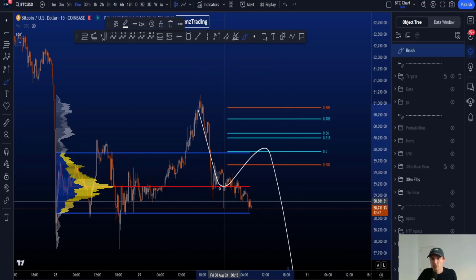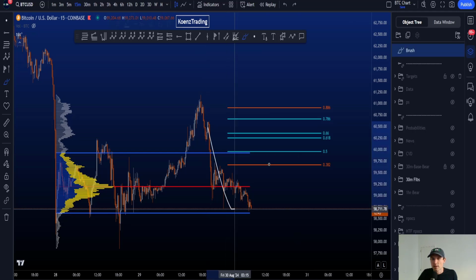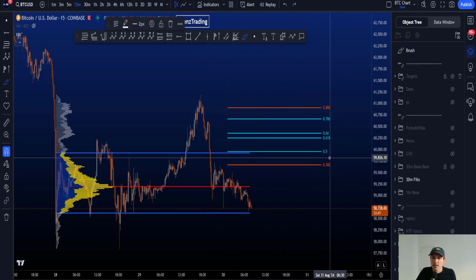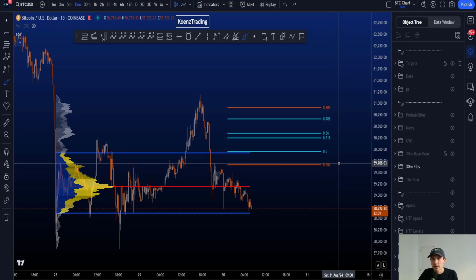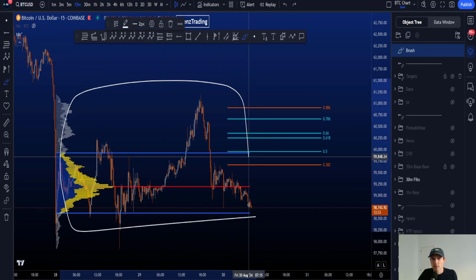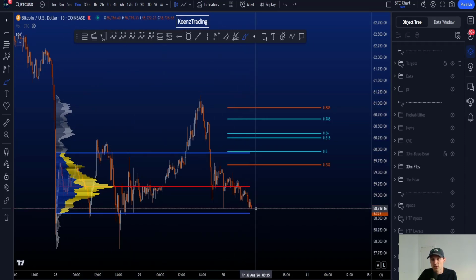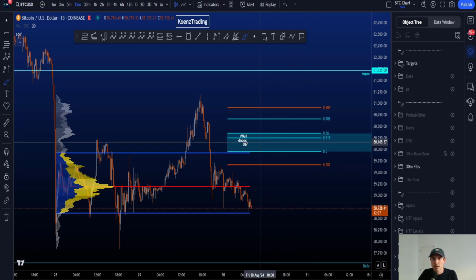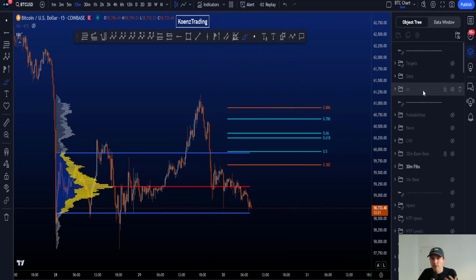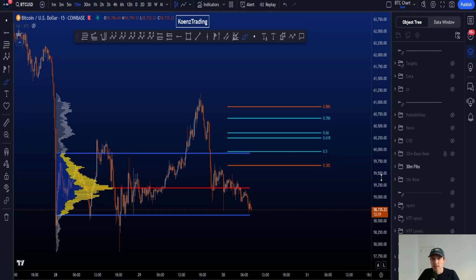If you're looking for 1, 2, 3, ABC, WXY, doesn't really matter. And the 0.5 to the 0.786 is a common target area for a corrective structure, right? So you can see the 0.5 is in confluence with the value area high, a volume profile of this part of the chart here. And actually just above the value area high, you then also have the golden pocket in confluence with an order block here. So that is the resistance that we have above us. That's the resistance inside the target box.